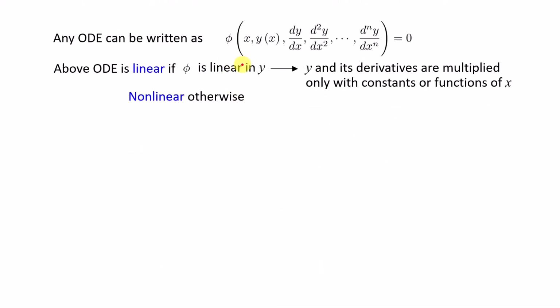Such an ODE is called linear in y when y and its derivatives are multiplied only with constants or functions of x. A detailed discussion of when an equation can be called linear and when non-linear, we have done in the linear algebra part.